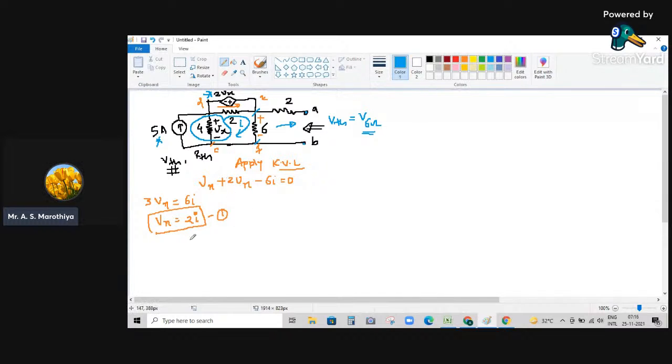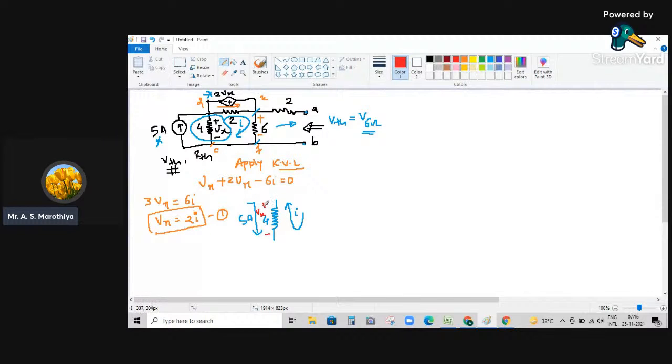So if I am interested to write the equation of Vx in terms of 5 and I, see here, let me draw that element over here. This is nothing but a 4 ohm resistor. On one side we have a current of 5 ampere, and on the other side we have a current of magnitude I. And because the polarity is known to us, the polarity across this 4 ohm resistor is plus minus, and the value is say Vx.